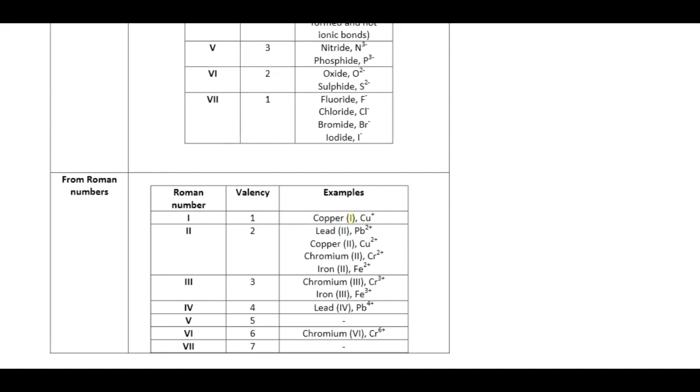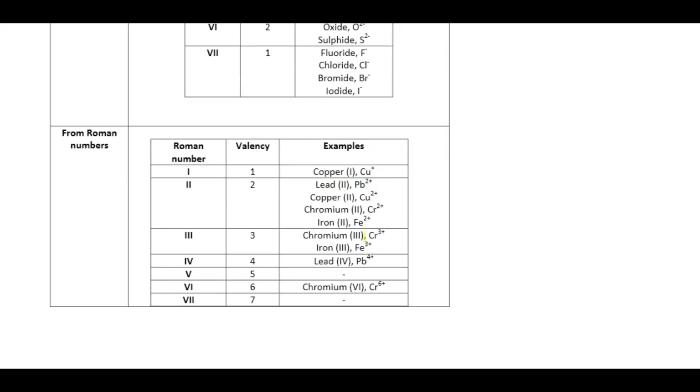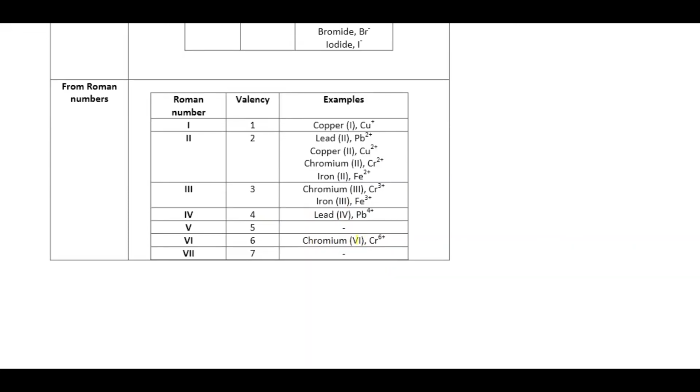Lead 2 tells me that it has a valency of 2, chromium 3 a valency of 3, lead 4 a valency of 4. For chromium 6, the I in front of the V, if it's before the V, which represents 5, it means 5 minus 1, so it's 4. If it's on the right hand side of the V, it means 5 plus 1, so chromium 6 means that it has a valency of 6. So this is quite straightforward.